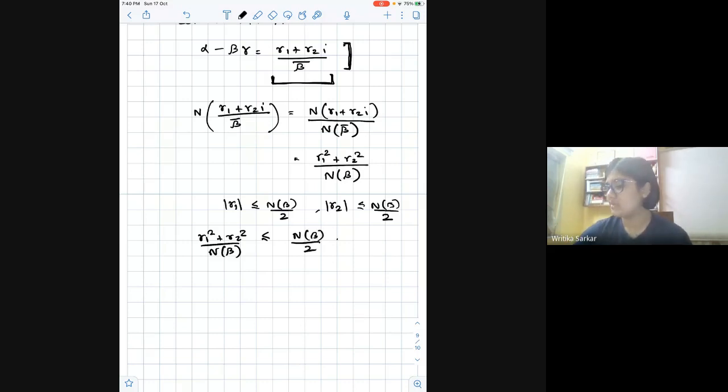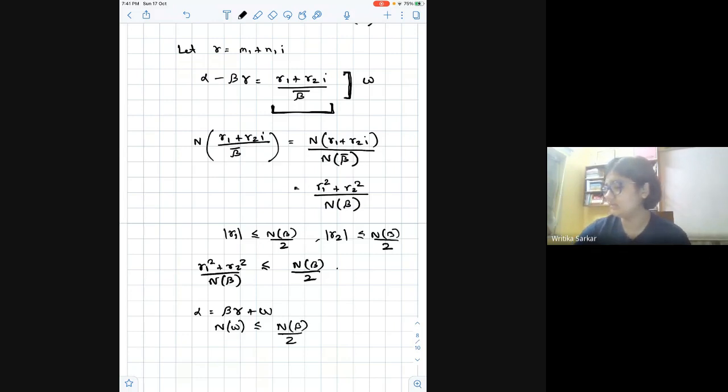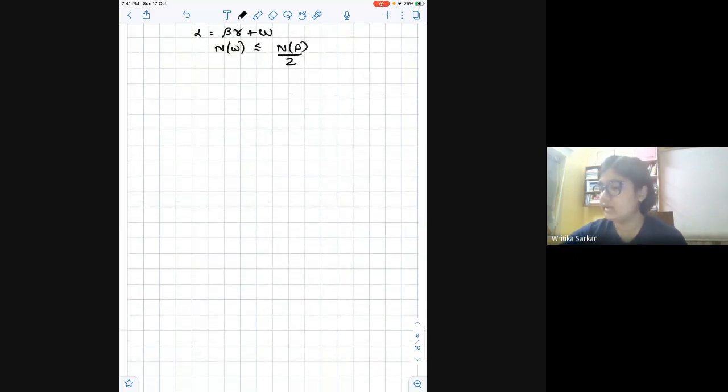Yeah, so this proves this. So if we let this thing be w, we get that alpha can be written as beta times gamma plus w, and the norm of w, as desired, is less than or equal to norm of beta over 2.